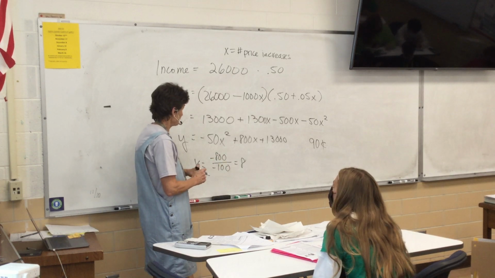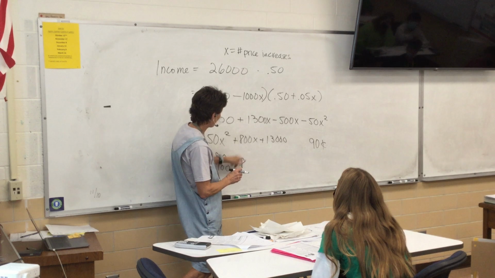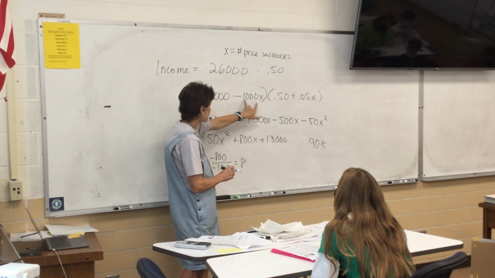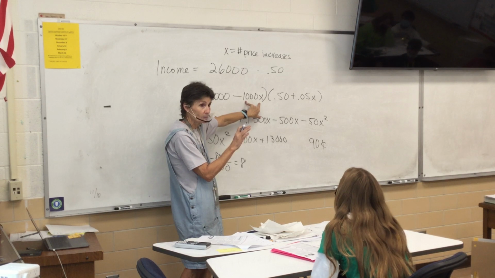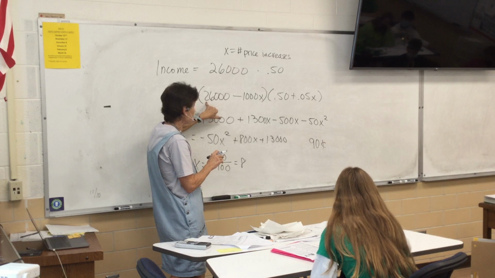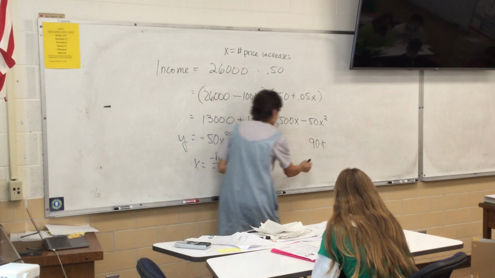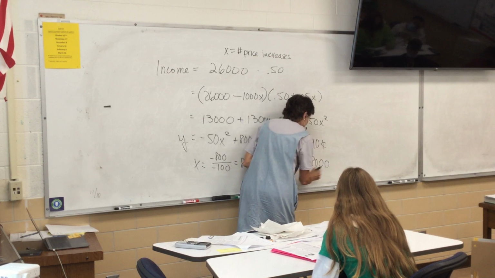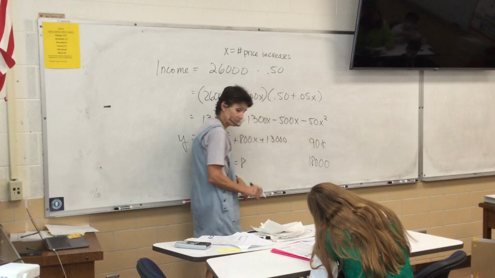Now, if I raise my price 8 times, then I'm going to lose 8,000 sales. So I will only sell 18,000 cans. So I'm going to sell 18,000 cans at 90 cents each. So what will my revenue be?